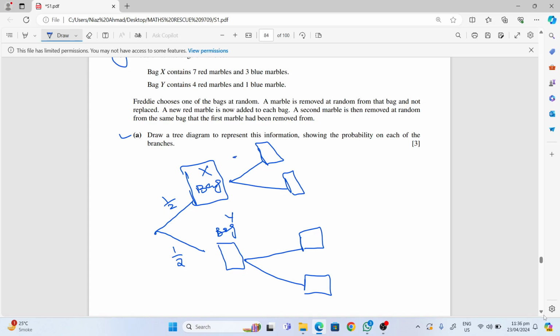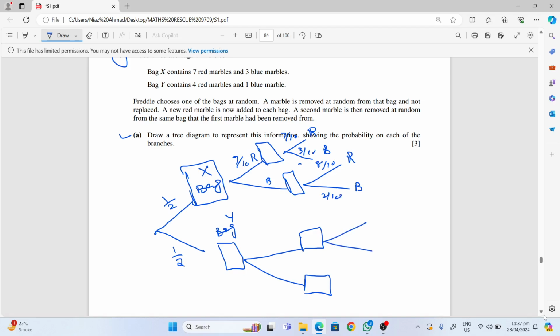So this is 7 by 10 red, R for red, and this is blue, and here you have further R and blue. So R is 7 by 10 and blue is 3 by 10, and here we have another blue and red, giving you 8 by 10 and then 2 by 10.